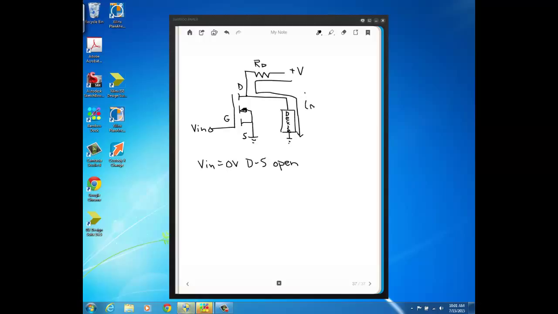So when your input voltage is 0 and the drain to source is acting like an open, that's when current is going to flow in your device, I device, which would not be equal to the channel current in this case, because the channel current is here, which would be 0.